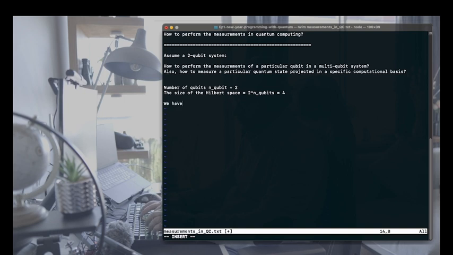Which means we can expand any given state of this 2-qubit system in 4 computational bases. These computational bases constitute or form this Hilbert space.